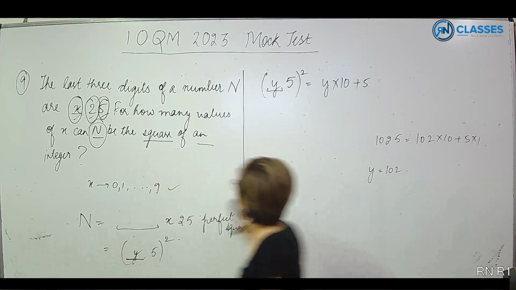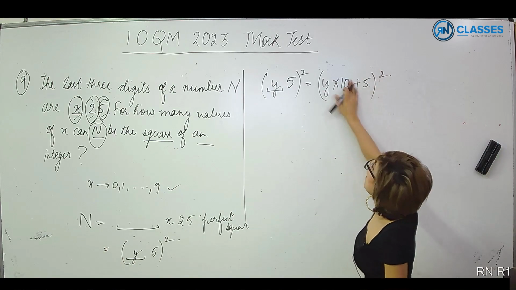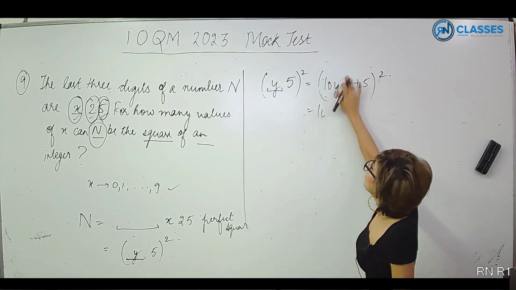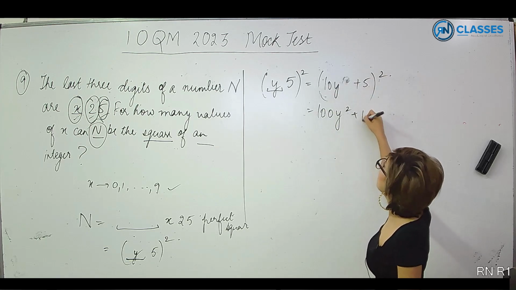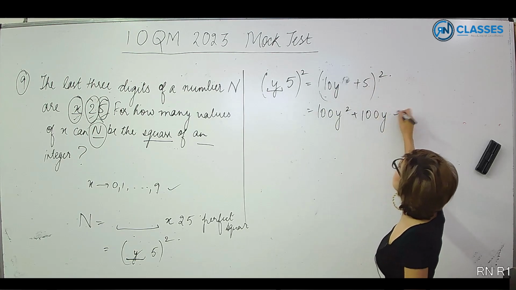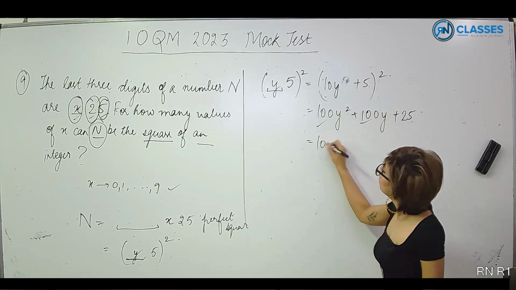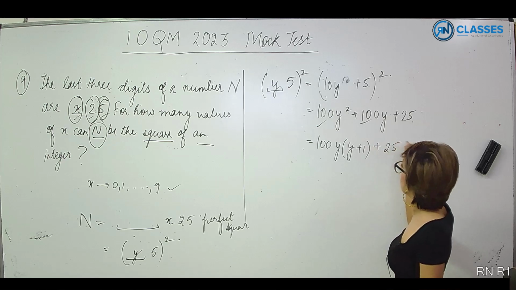Right? Okay. Now, so this is nothing but 10y plus 5 whole square. If I open this up, I'll get 100y square plus 100y plus 25. If I take 100 common, I'll get 100 times y into y plus 1, plus 25.